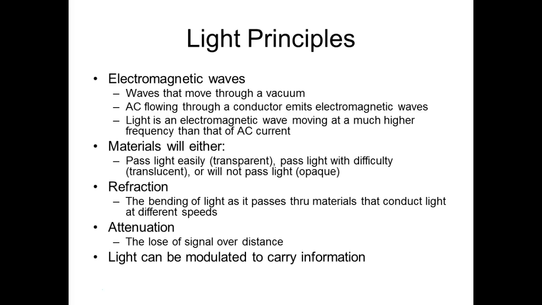You understand? Material will either pass light easily. We call these what? Transparent. Pass light with difficulty. We call these what? Translucent. Or block all light. We call those what? Opaque. Y'all heard those terms before, right?